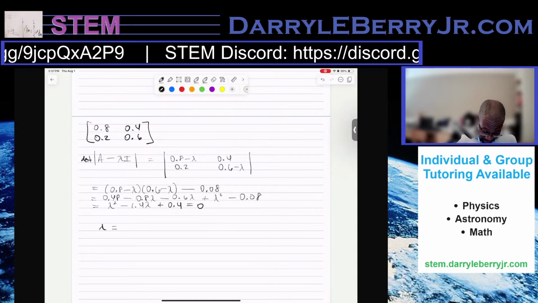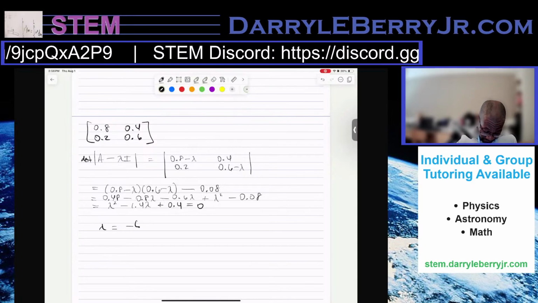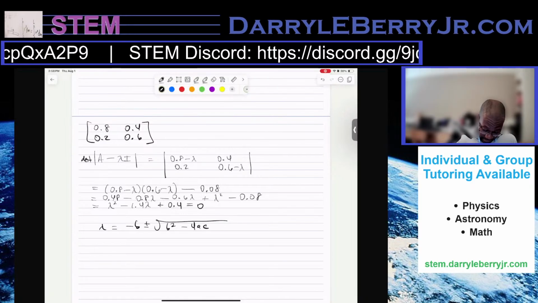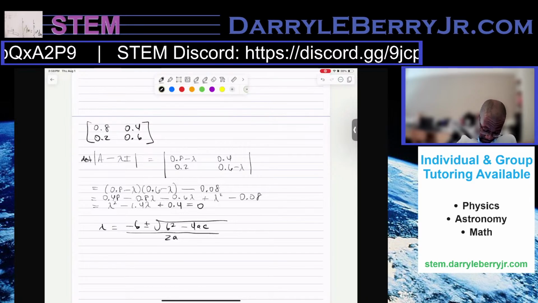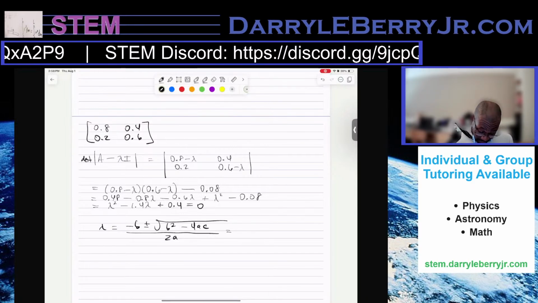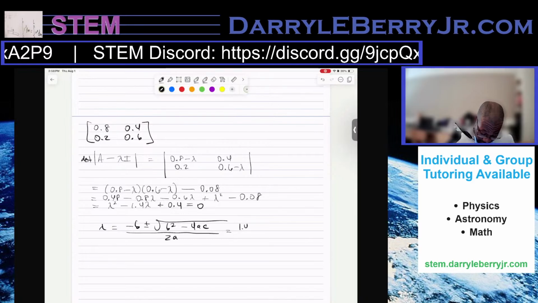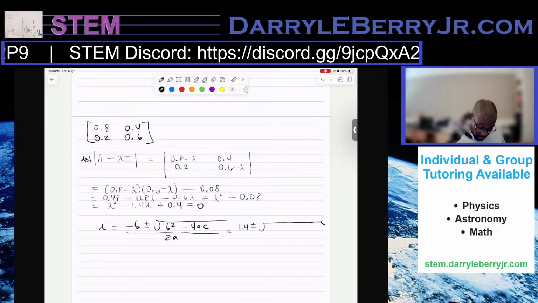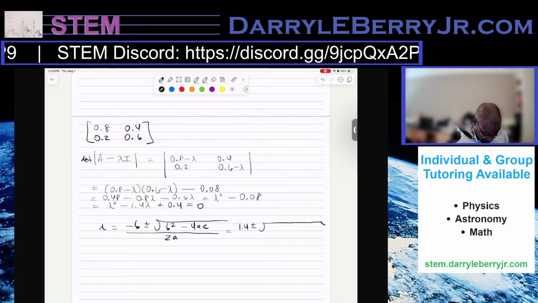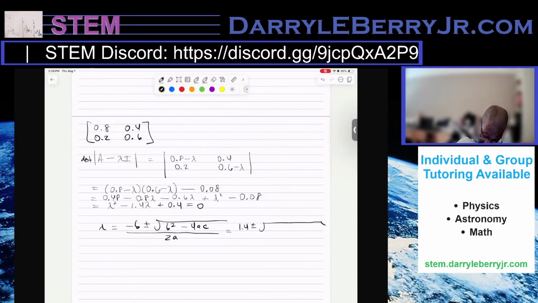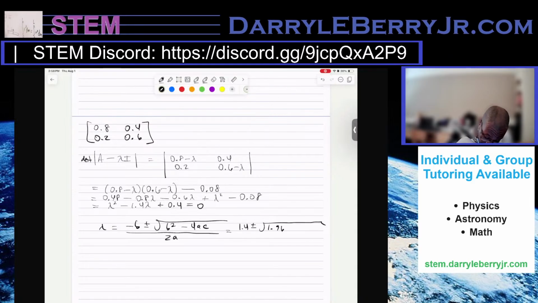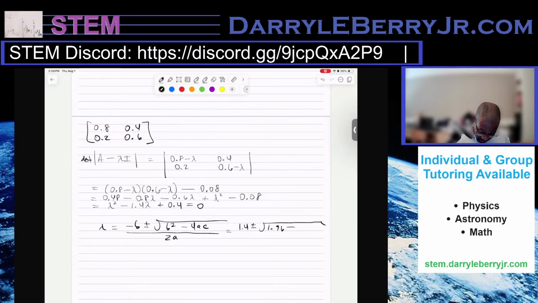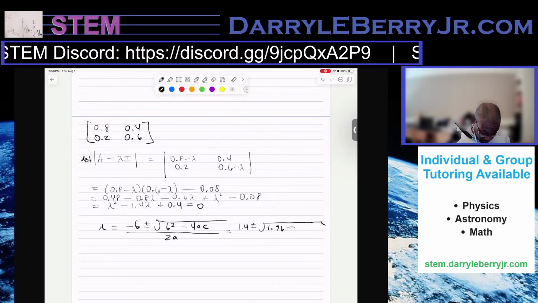So lambda equals negative b plus or minus square root of b squared minus 4ac all over 2a. So that's a negative 1.4, so 1.4 plus or minus square root of 1.4 squared. So 1.4 squared equals 1.96 minus 4 times 1 times 0.4.